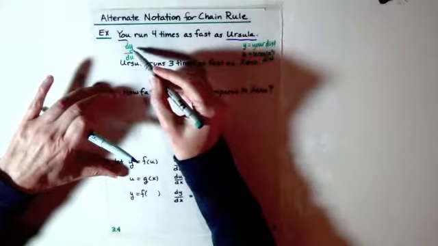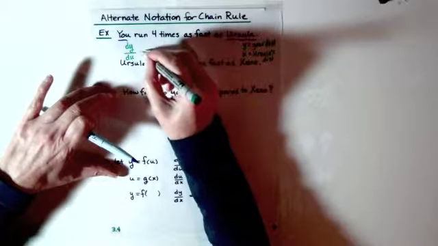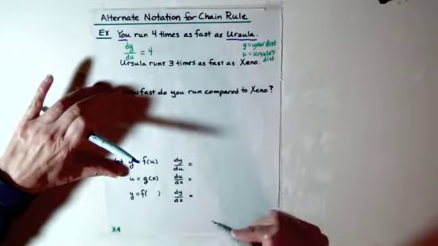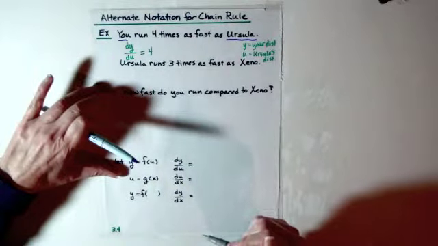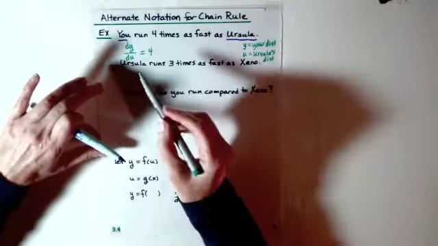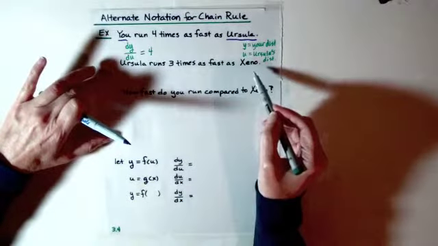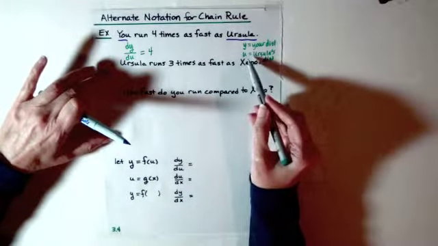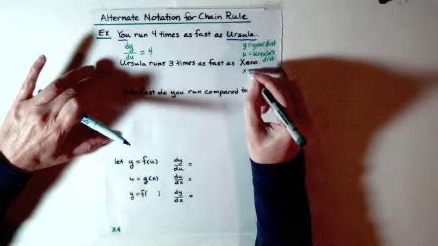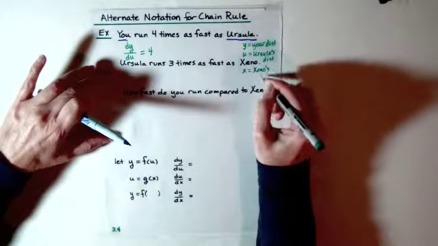The rate of change of your distance with respect to hers is equal to 4, because you run 4 times as fast as Ursula does. Let's do the same thing with this second statement here. It says Ursula, in turn, runs 3 times as fast as Zeno. So again, we're going to think of u as being Ursula's distance, and let's let x equal Zeno's distance.